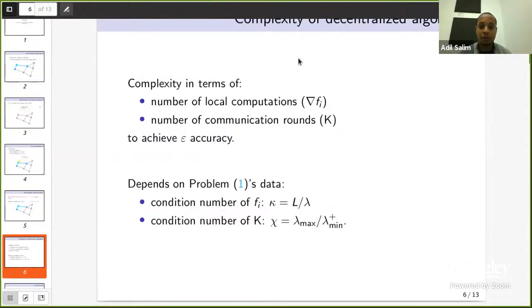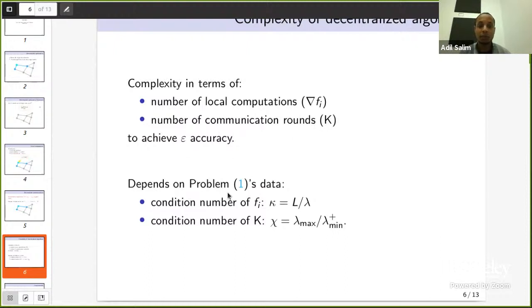Now, we want to study the complexity of a decentralized algorithm. This complexity will be in terms of the number of local computations, meaning computations of the gradient of fi, and the number of communication rounds, which means multiplications by the gossip matrix K, to achieve epsilon accuracy.